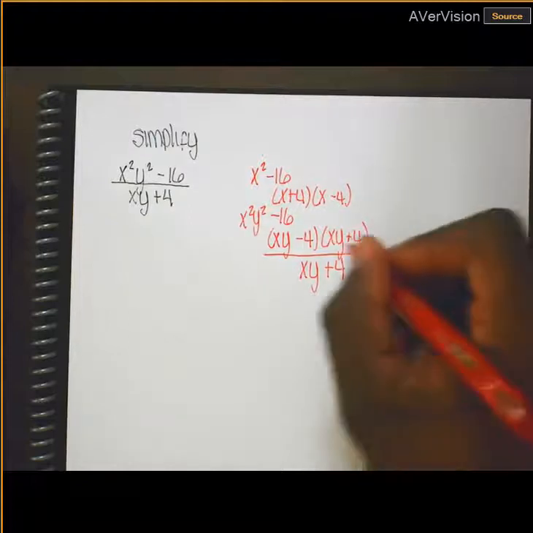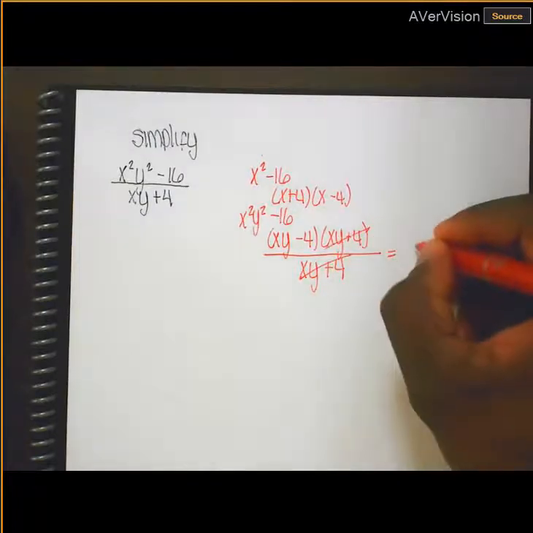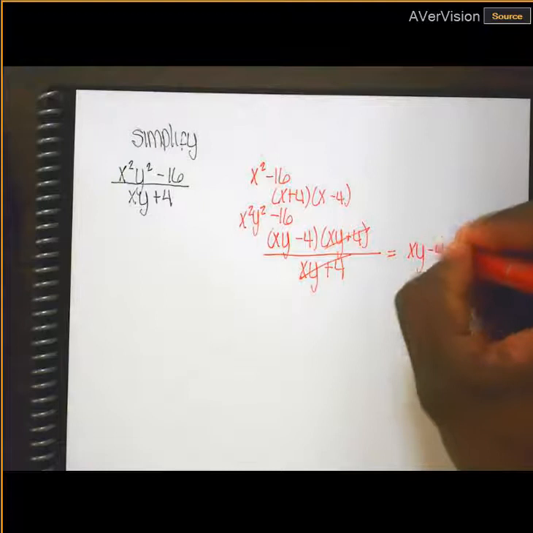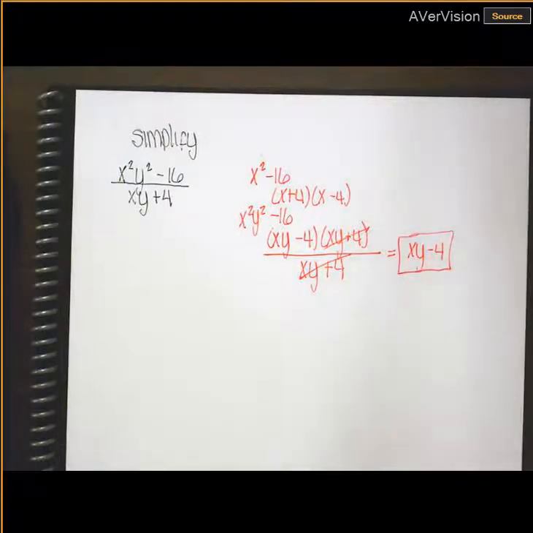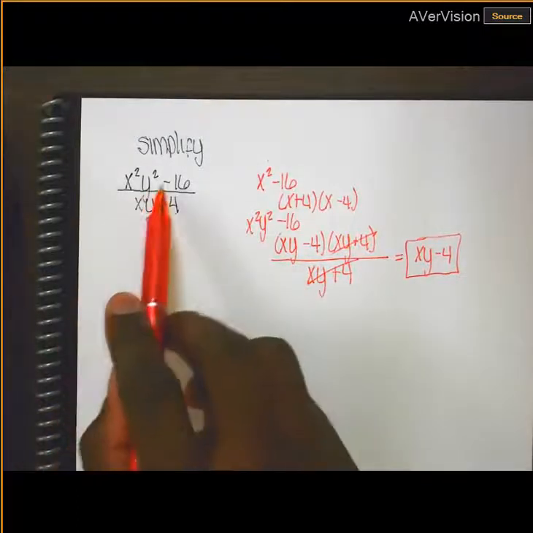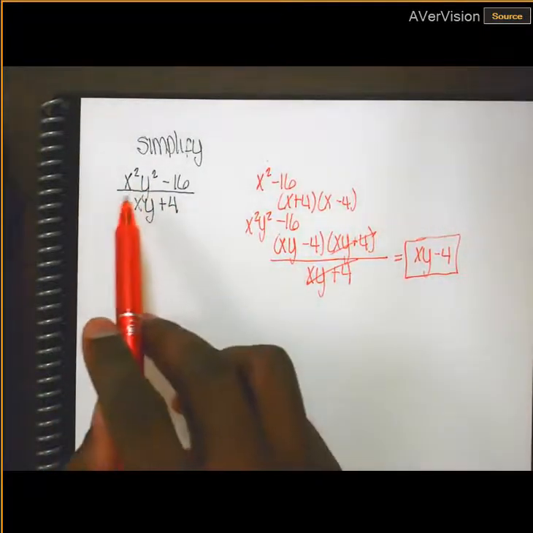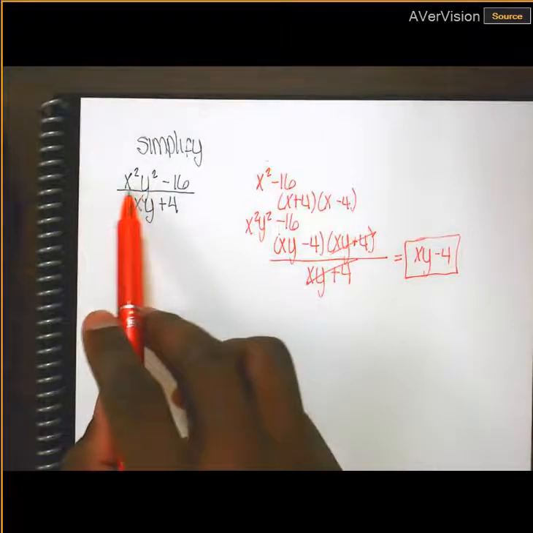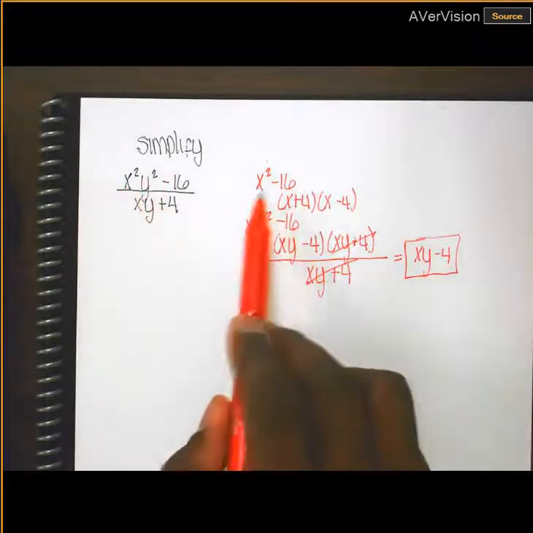Yeah, all right. Don't get thrown off just because you see two variables in here. As long as they're being multiplied and they're both being squared, it's going to work the exact same way as it would if it was just one variable squared.